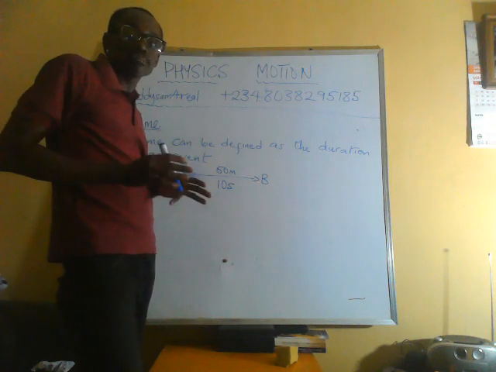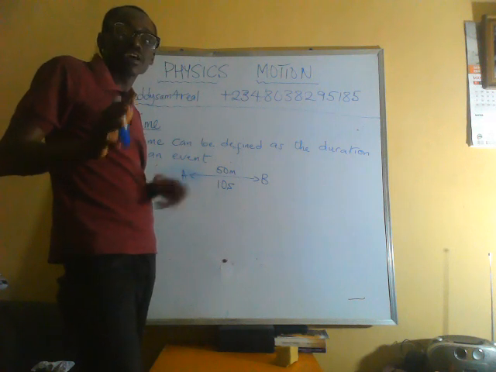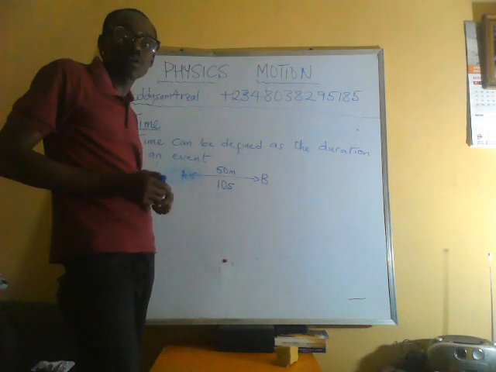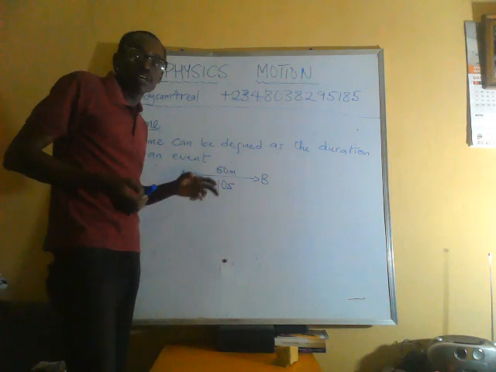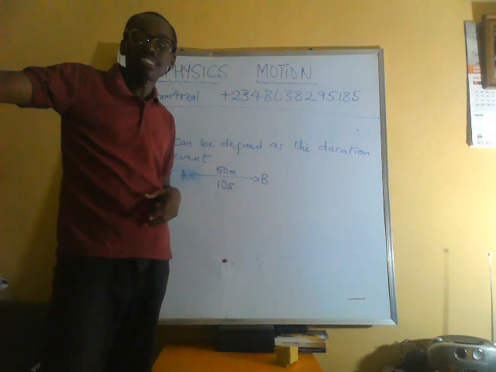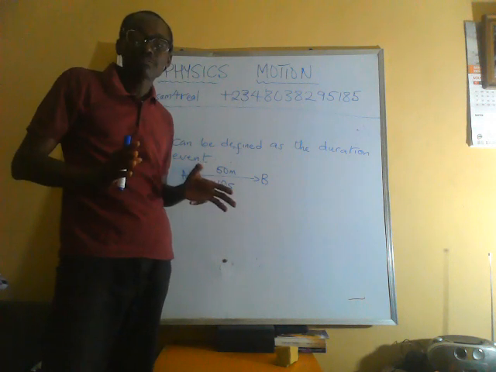And how do you calculate the time? When the event is starting and when it's ending gives you an idea of the duration. So once you know the time the event starts and when it ends, you use the time it ends minus the time it starts to get the time taken.